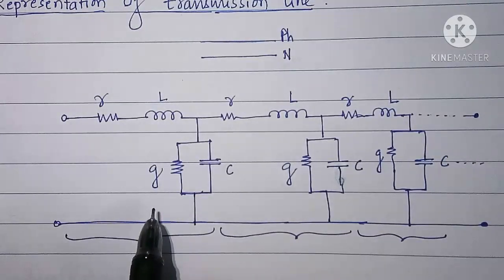Due to that leakage current, there will be some losses. So to account for that, we take the reciprocal of the equivalent resistance due to which leakage losses occur as shunt conductance.